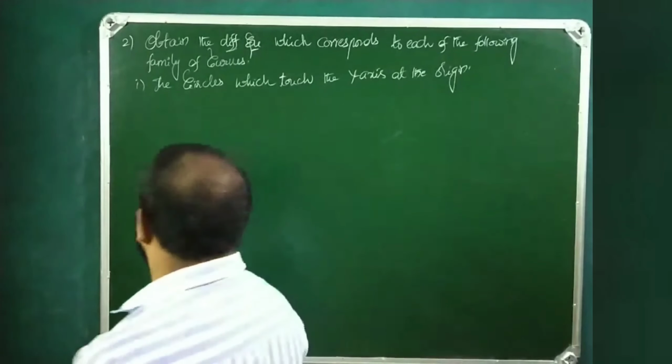So d by dx of this is dy by dx is equals to 4a into d by dx of x minus h is 1. So this is 2 times. Therefore y minus k into y dash is equals to 2a. Therefore, from this, y minus k is equals to 2a by y dash.